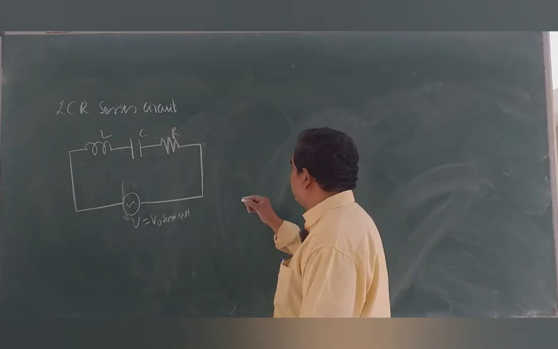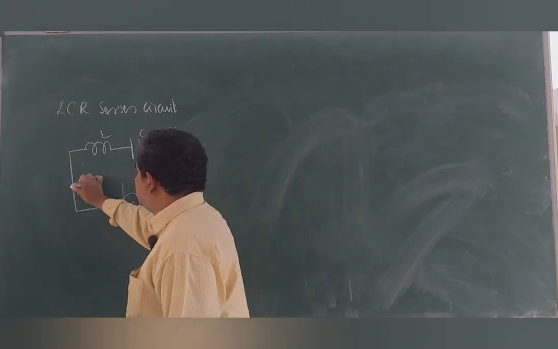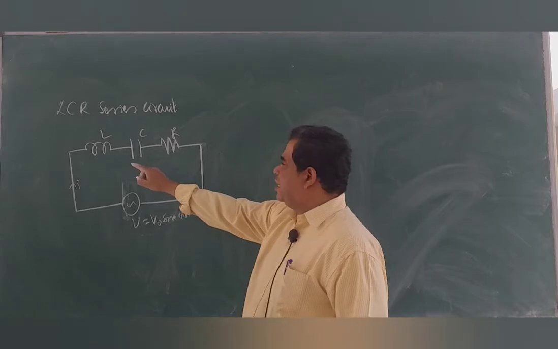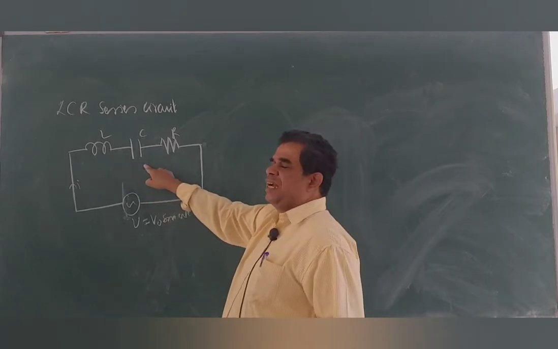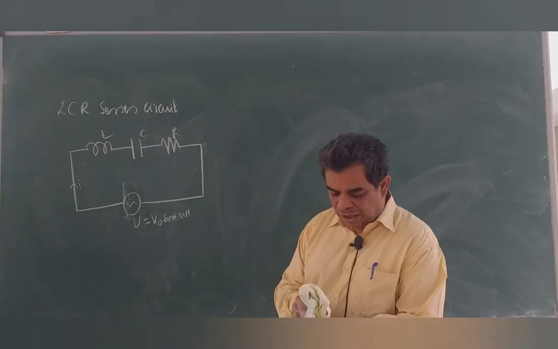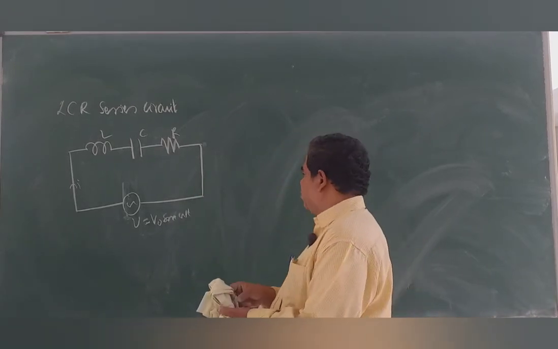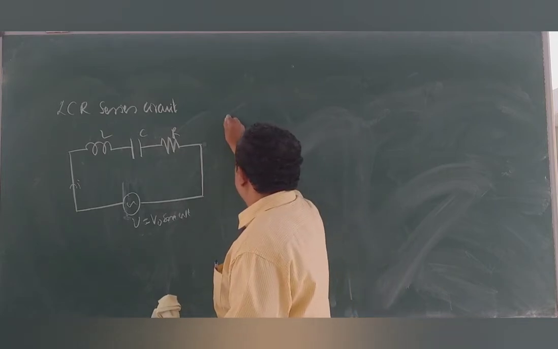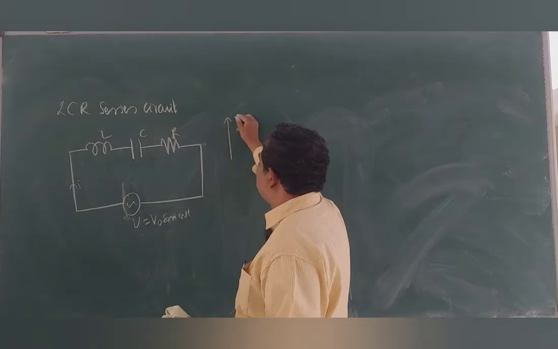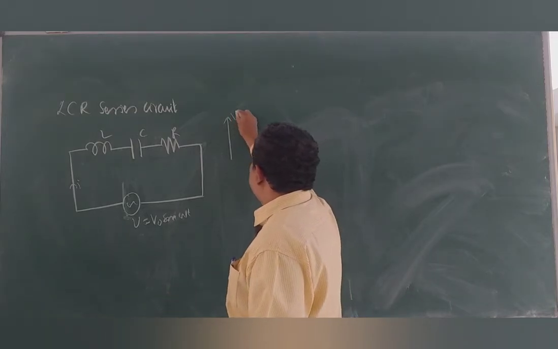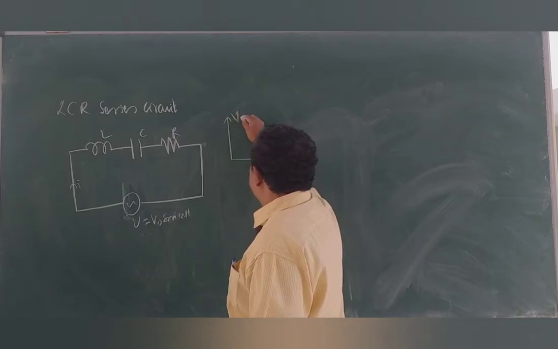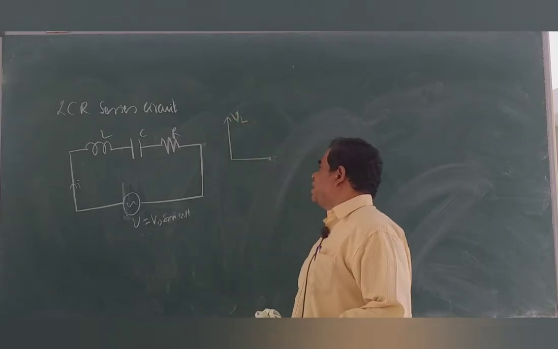So now if I is the current passing here, then XL is the reactance for L, Xc is the reactance for C, R is the resistance. Now if we draw all the three in the same graph, observe carefully. Say if you take this as voltage and this is the current, we call it VL, voltage across inductance.